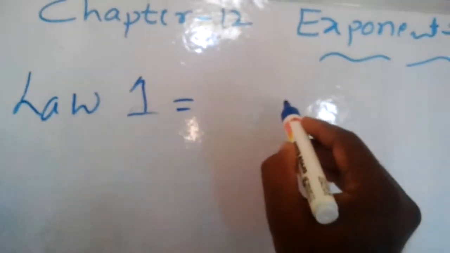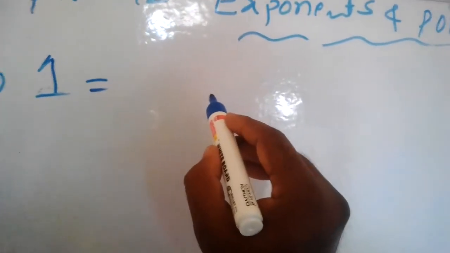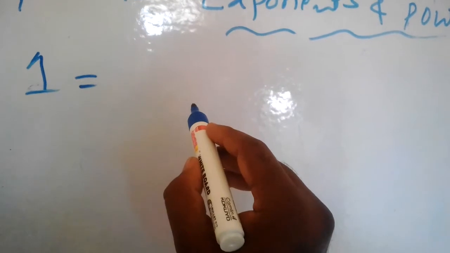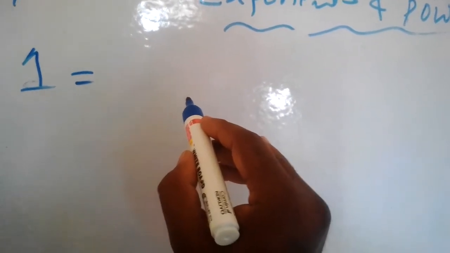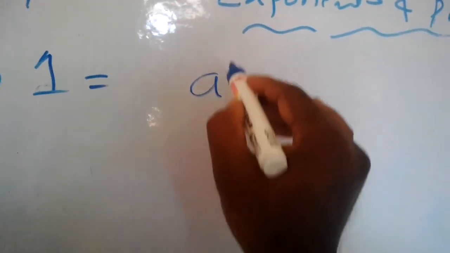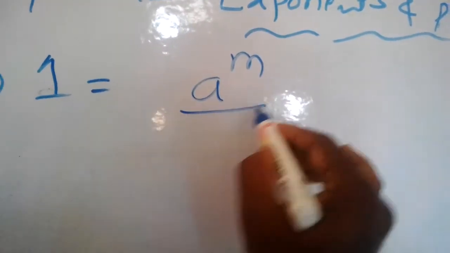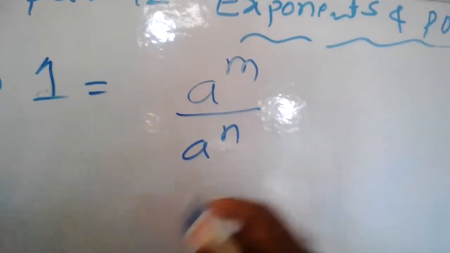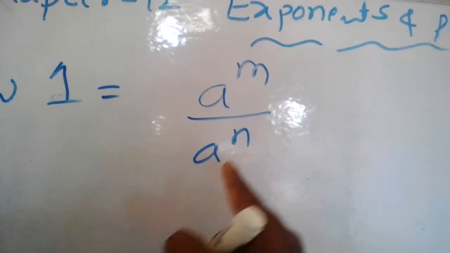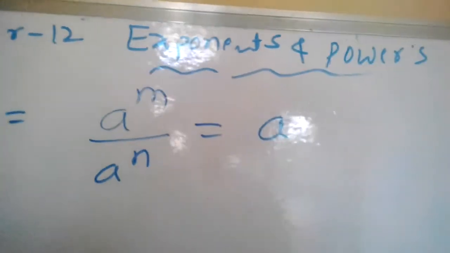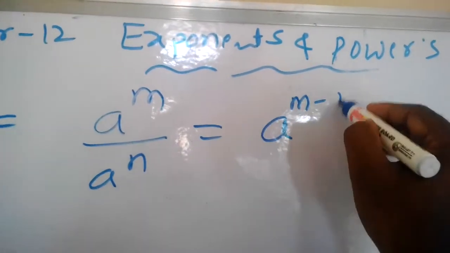Same, for any non-zero rational number a and integers m and n, if two exponents having the same base are divided, their powers are subtracted. For example, a with power m and the same a with power n, then keep the base as it is and subtract their powers.